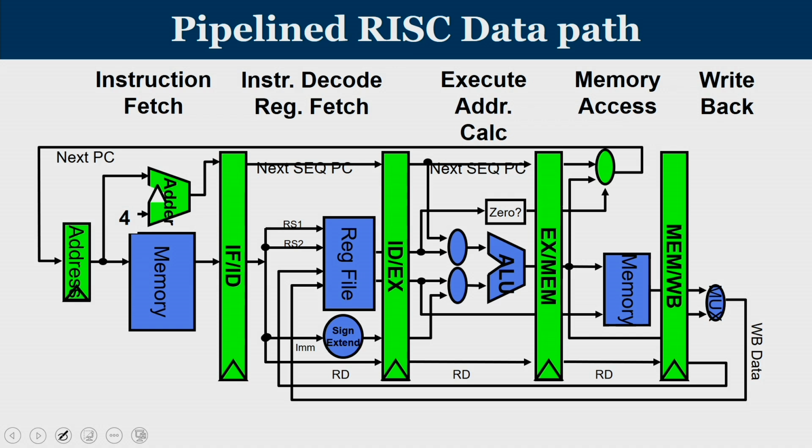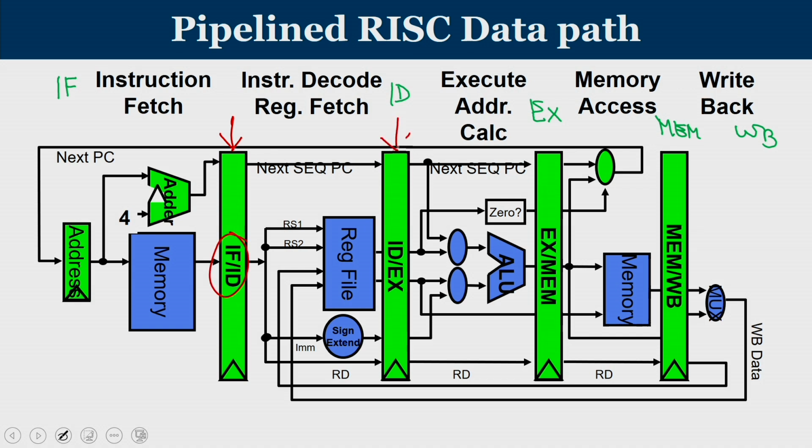We are going to give names for each of the stages. They are called IF, the second stage is ID, the third stage is EX, the fourth stage is MEM, and the fifth stage is WB, write back. So, depending on the stages, these pipeline registers are also given a name as per this. This is a pipeline register that is in between IF and ID, so we call it the IF/ID register.